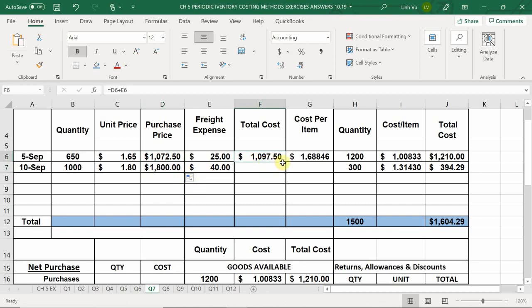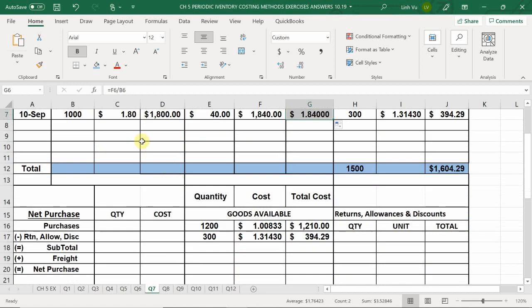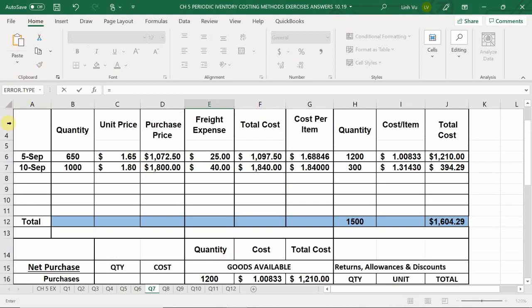Total cost? $1,840. Cost per item? $1.84. Good.